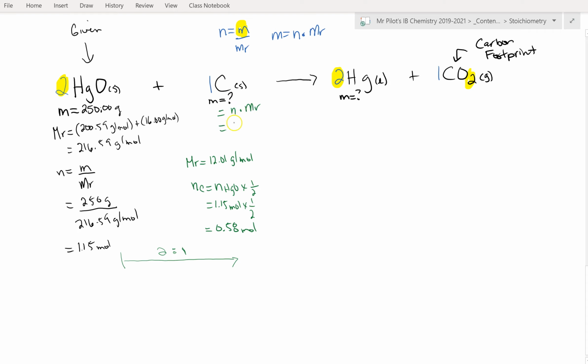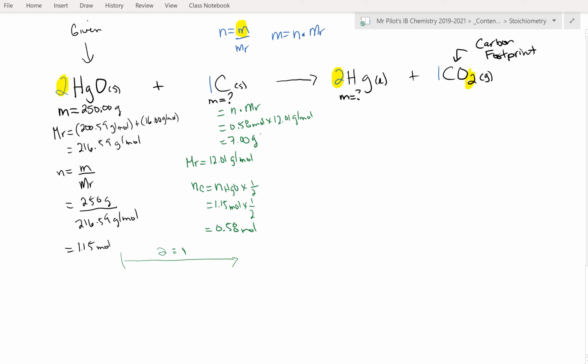Okay, so now to solve for mass, that's going to be equal to moles times molar mass. I plug everything in here: 0.58 moles times 12.01 grams per mole, and I'm going to get 6.965, so I'm going to have to round up to 7.00 grams.